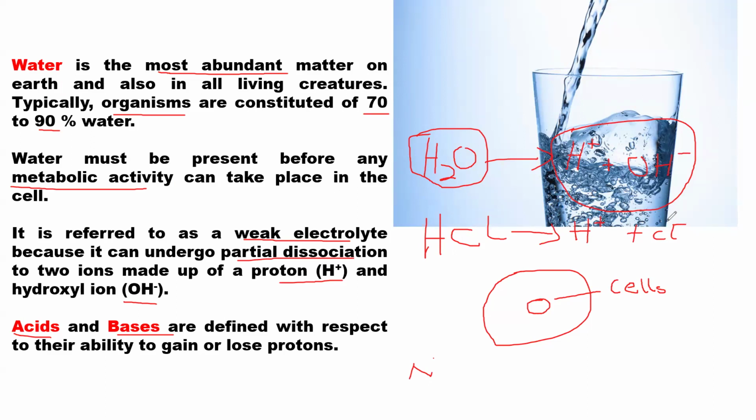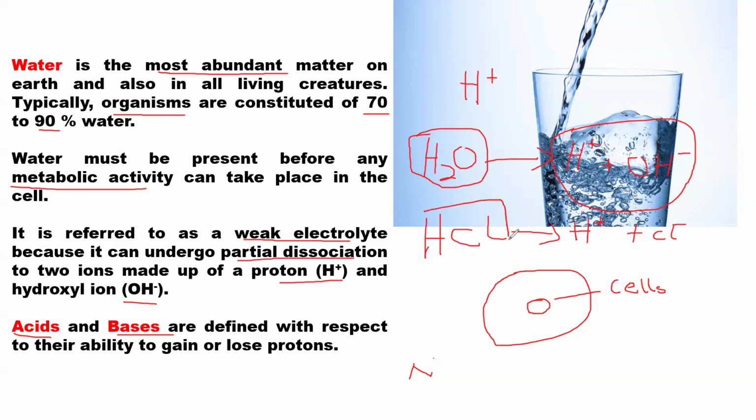Any substance that dissociates in water to produce hydrogen ion is called an acid. Or in another way, we can define an acid as a substance that loses a proton. What is a proton? Whenever we say a proton, it means hydrogen ion. Hydrogen ion is a proton. So it loses a proton.